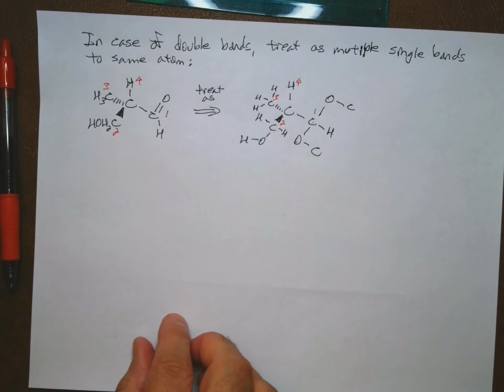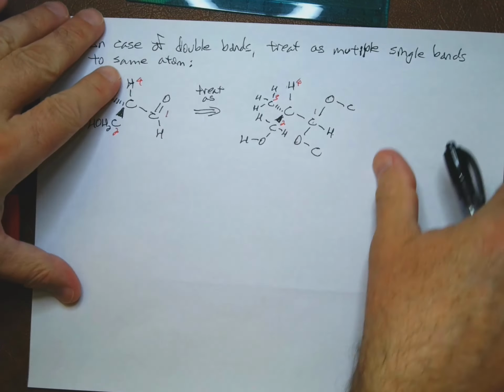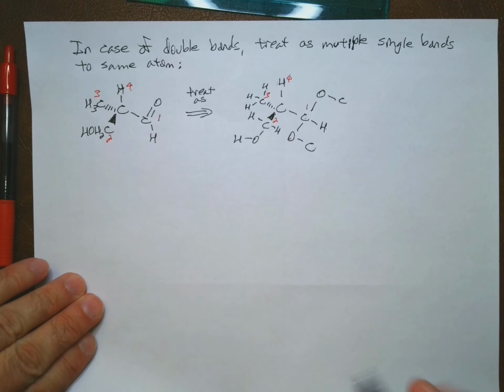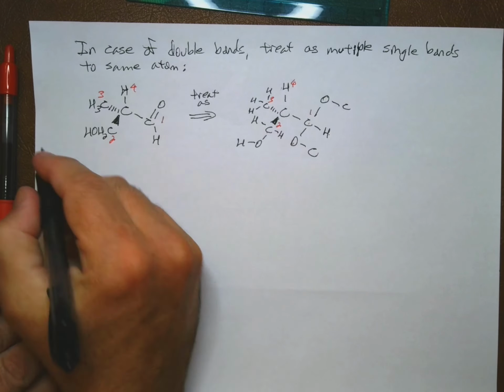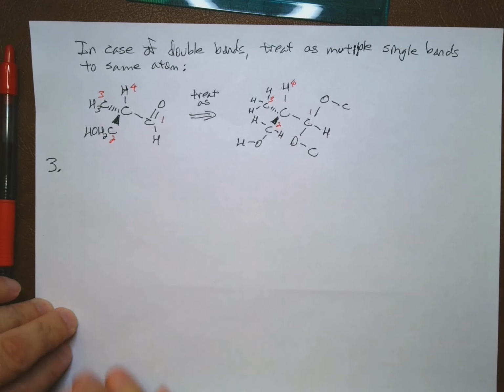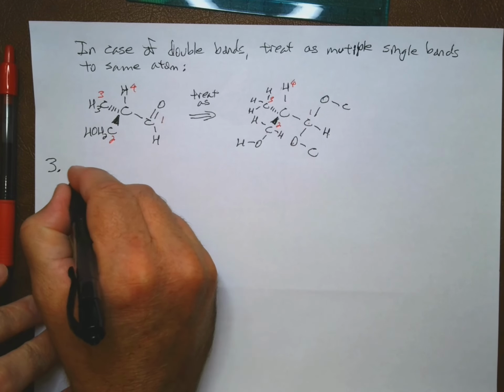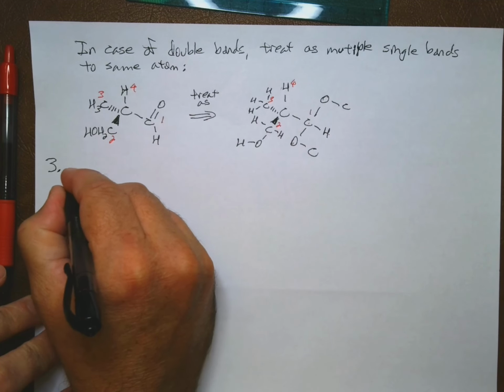All right, so now what happens when you've done your assignments or your prioritization? What do you do next? So step 3 here is going to be, you will rotate the molecule in space.